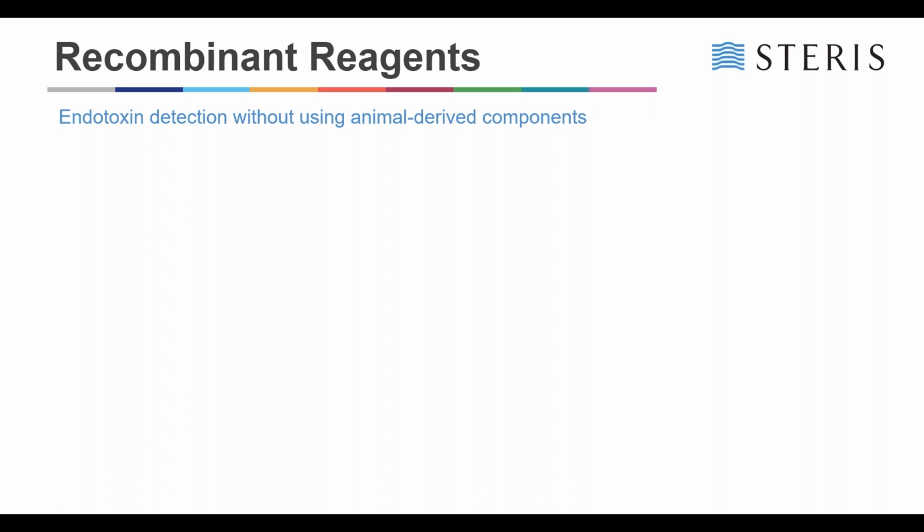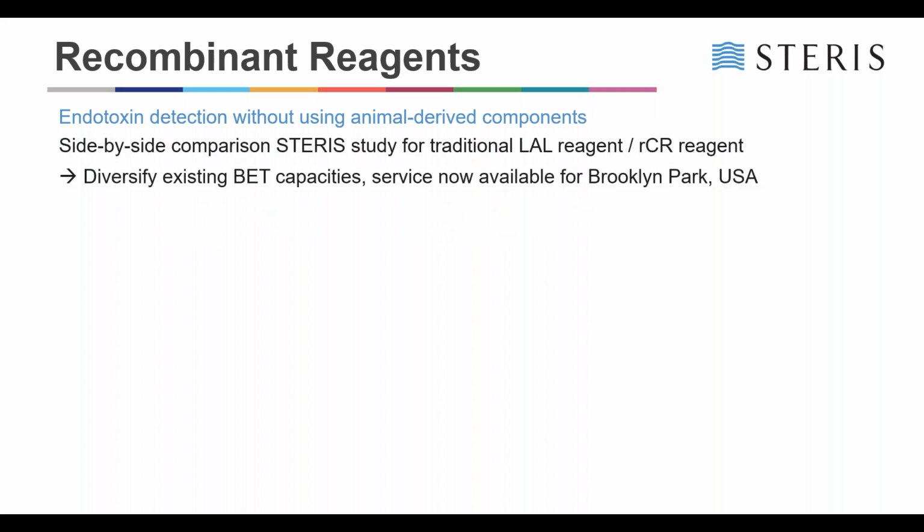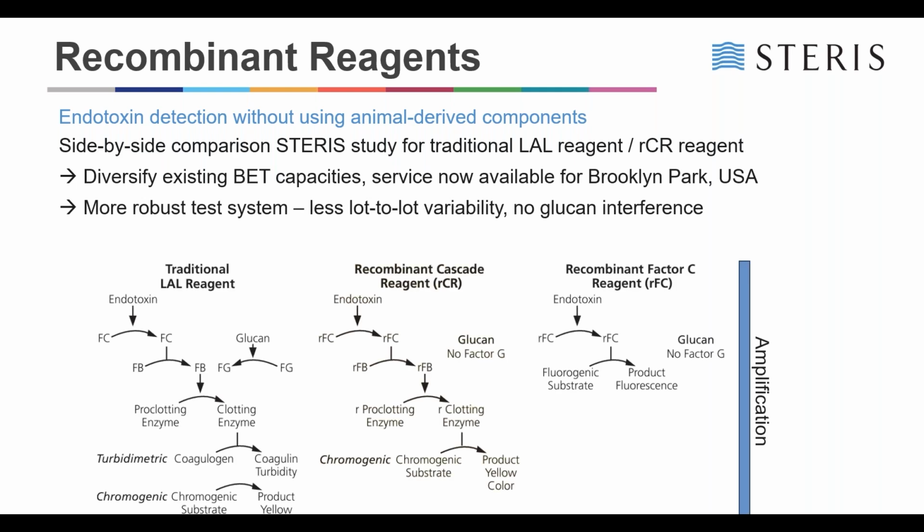These recombinant reagents mirror the animal-derived agents and allow the same cascade of reactions with an added benefit though. So we have a small kind of cascade reaction you can take a look at here.